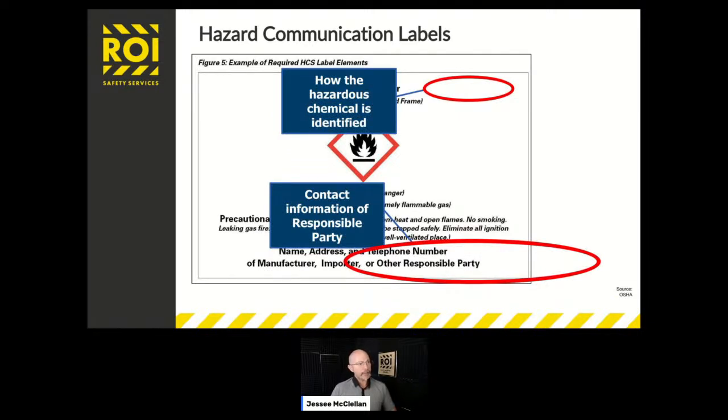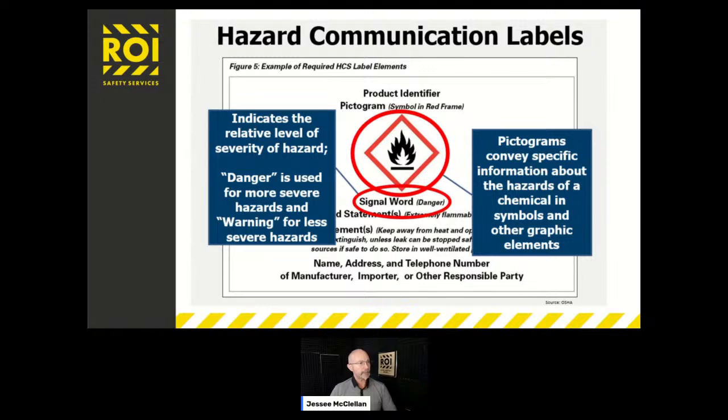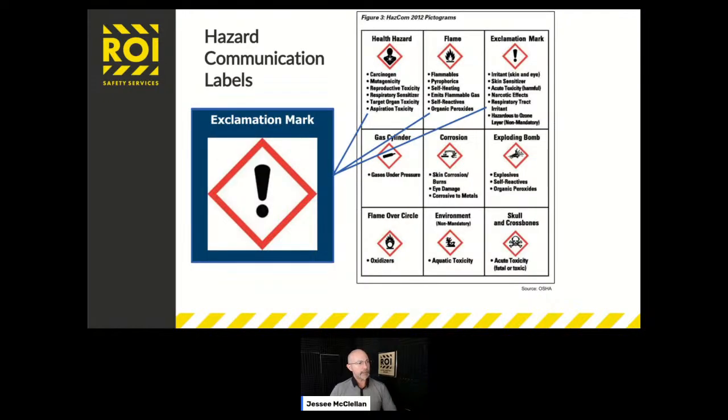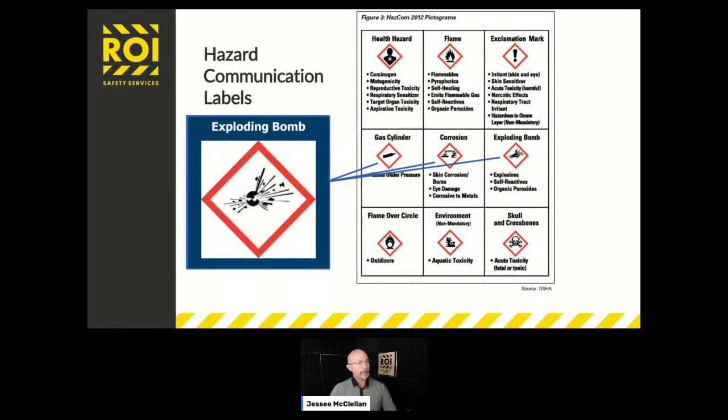But reading it and understanding it needs to be communicated to every employee. So going through the labeling system, help them understand what flammable means. During the training, you would need to go through these 9 different types of pictograms with your employee and explain what each one means.